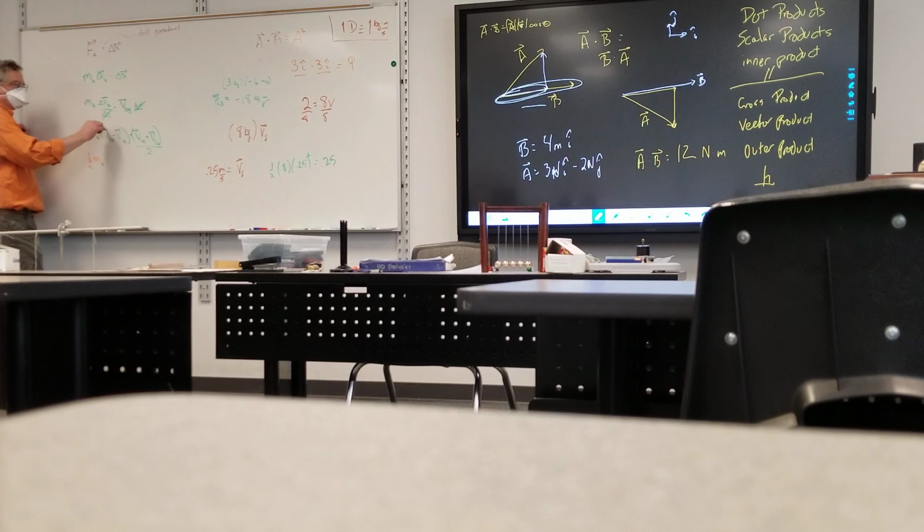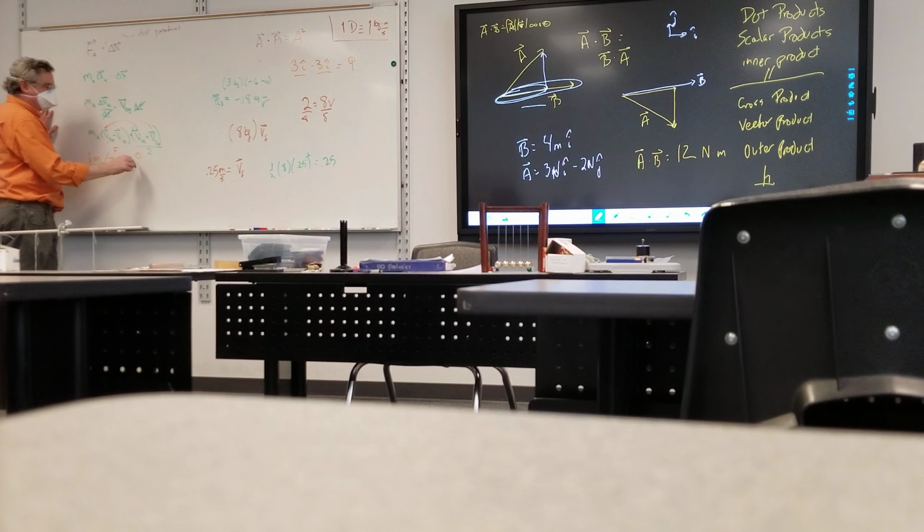All right, so FOIL, basically you multiply the first terms. So I'm left with VFA dot VIA. Then outer, so plus VFA dot VFA.